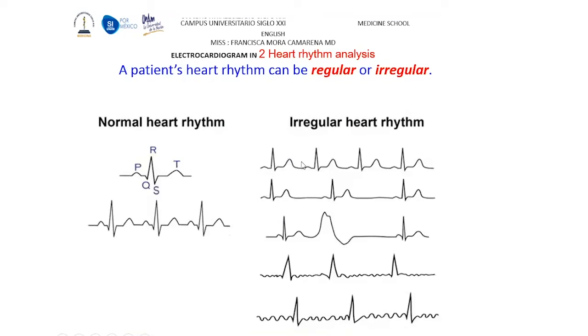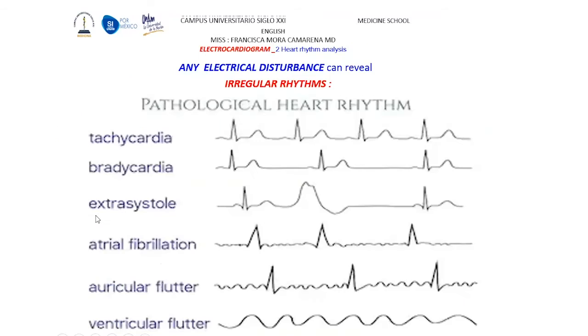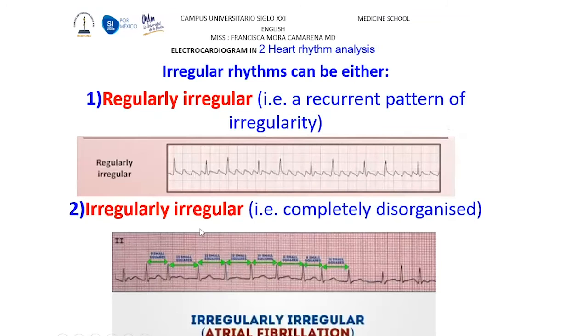Widely, we can consider we have regular or irregular rhythm, and the irregular can also be classified as regularly irregular or totally irregular. When we talk about irregular rhythms, we remember tachycardia, bradycardia, extrasystoles, atrial fibrillation, atrial flutter, or ventricular flutter.